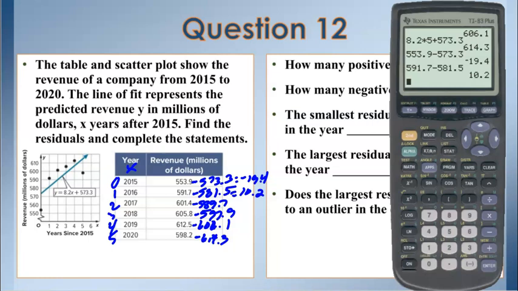Next one, we have 601.4 minus 589.7. It gives us 11.7.